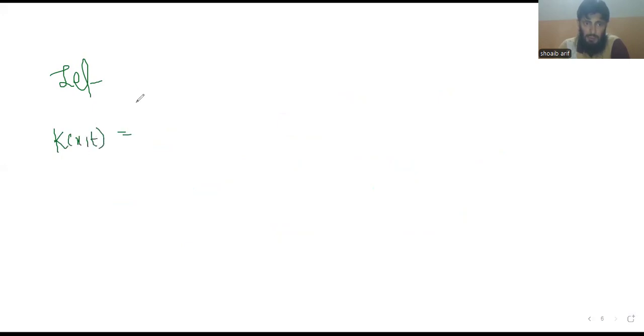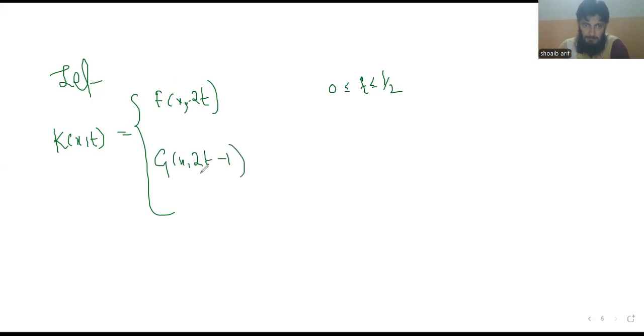K(x, t) equals F(x, 2t) when t is between 0 and half, and G(x, 2t minus 1) when t is from half to 1. Okay, so now we are checking this.